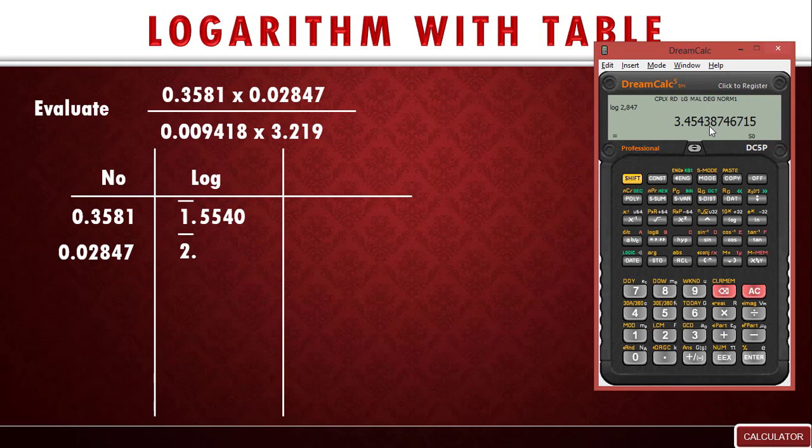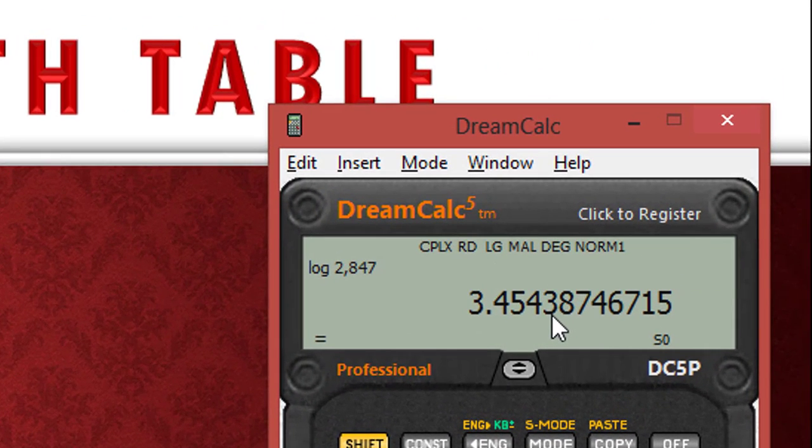If you need to do any approximation, do it to the last 4 digits. If you approximate this 7 to the 8, this becomes 9. Approximate the 9 to the 3, it becomes 4. That means the mantissa will be 4 5 4 4. That's the workaround I'm talking about. We don't need the characteristic that we have here. The only 4 digits we need are the mantissa 4 5 4 4. So we have 4 5 4 4.